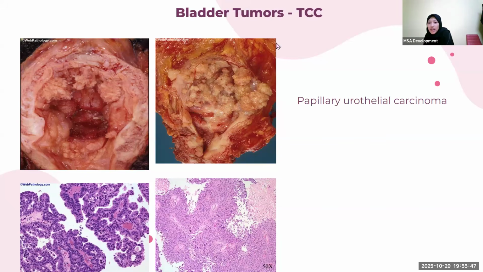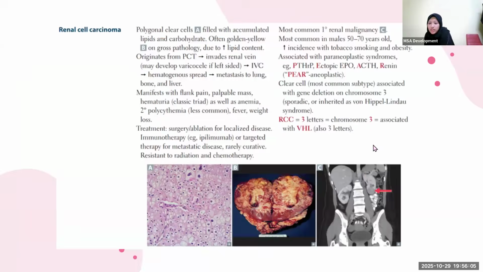The most common type of transitional cell carcinoma in the bladder is papillary urothelial carcinoma. Papillary means finger-like projection. Don't confuse it with the papillary in the kidney tumor. Okay, so we are now in the bladder with this one.